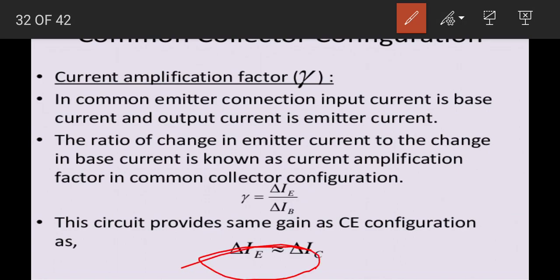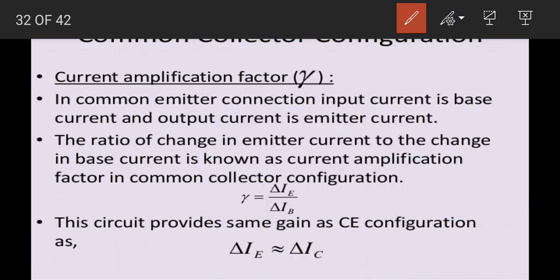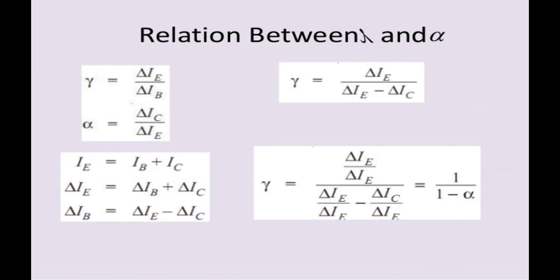So we put it as delta IC upon delta IB, and this is known as beta. We see this in the next slide. Alpha is equal to IC upon IE. So this is the equation for that, and we can put it here.